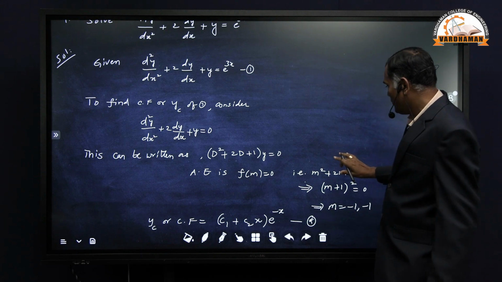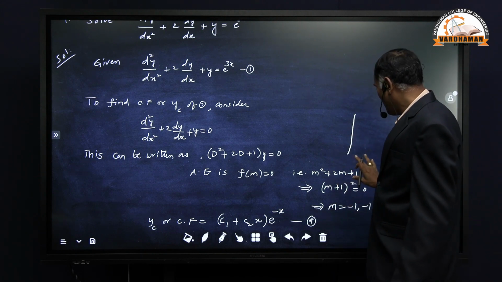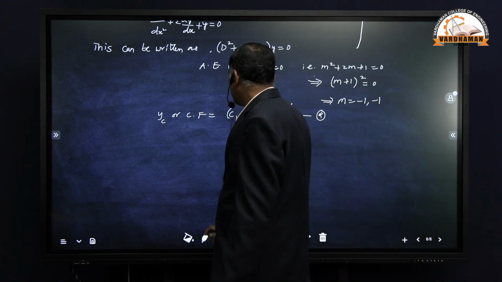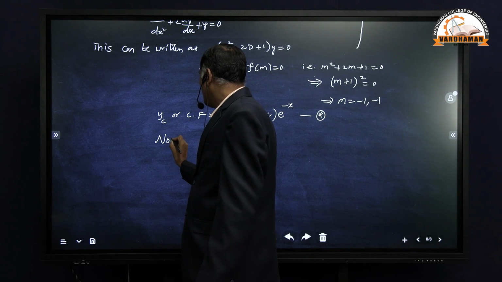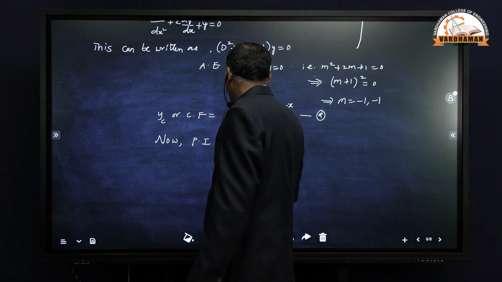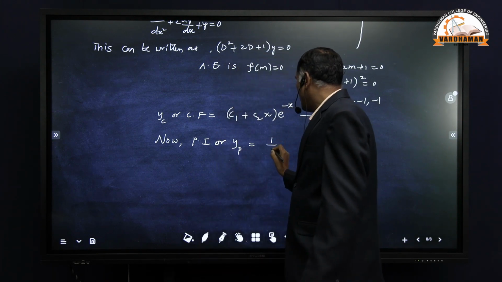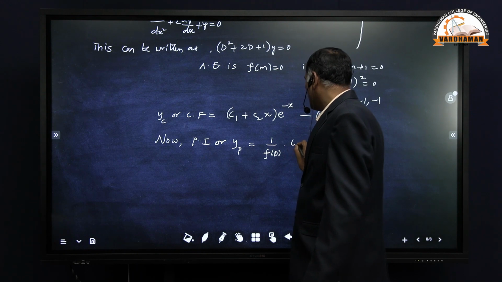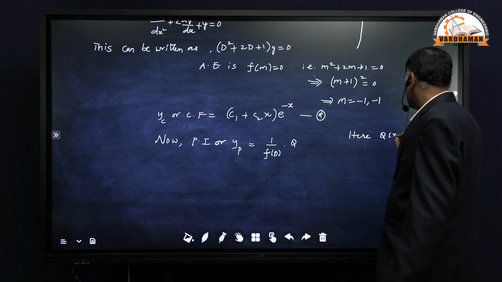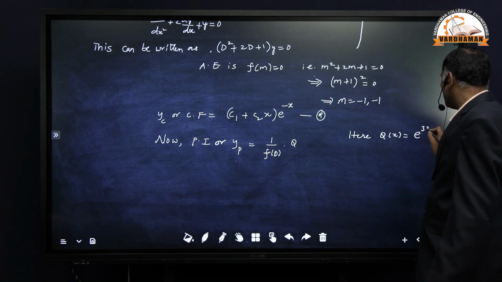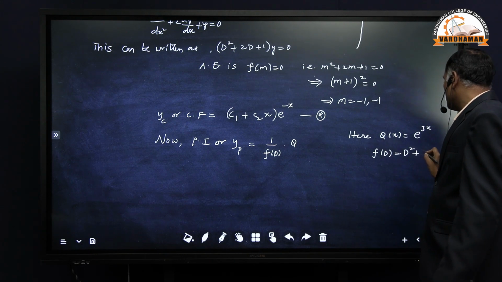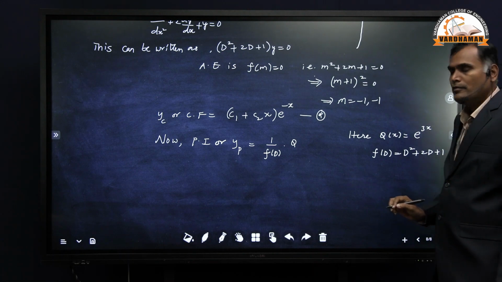So let us find the particular integral, or we can say yp, equal to 1 by f of D into Q. Here Q is e power 3x, and f of D is D square plus 2D plus 1.